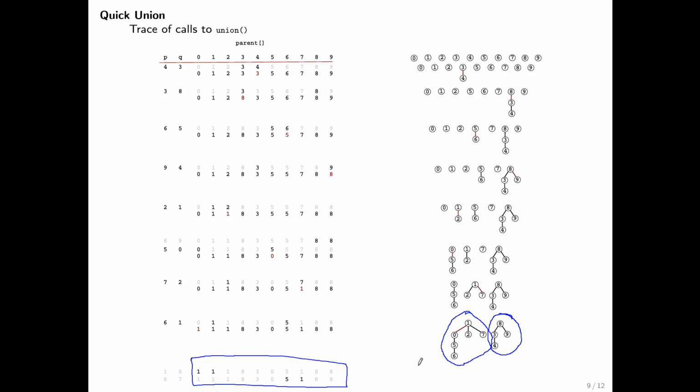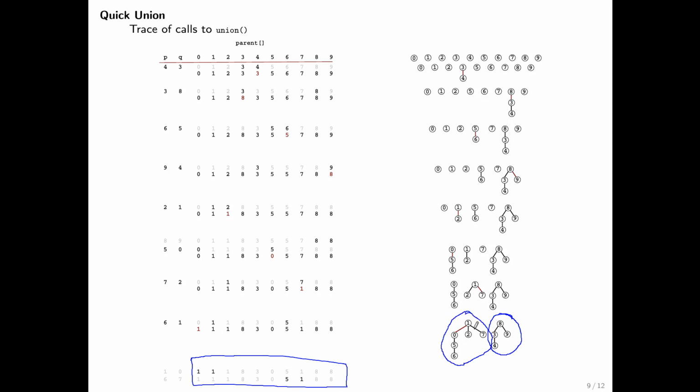Who's the parent of 5? Well, go to the index 5, and what you see is 0, and that's what we have here. 0 is the parent of 5. Who's the parent of 0? Well, it is 1, which is what you see here. And who's the parent of 1? Well, it's 1 again. So 1 being the root of this component, it is its own parent.